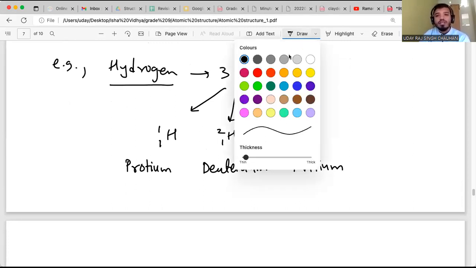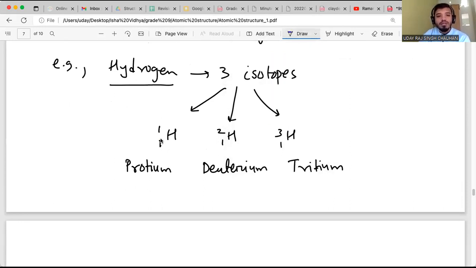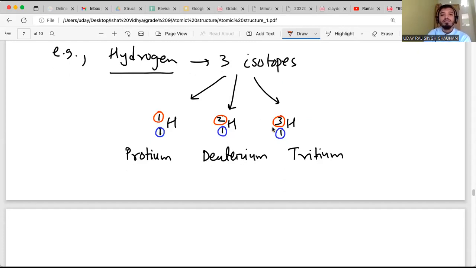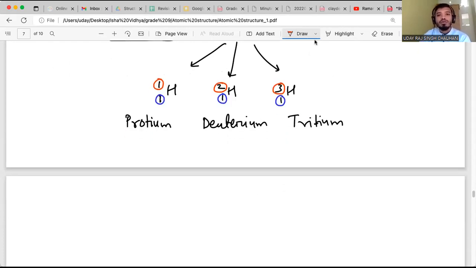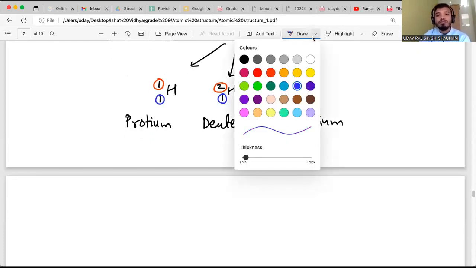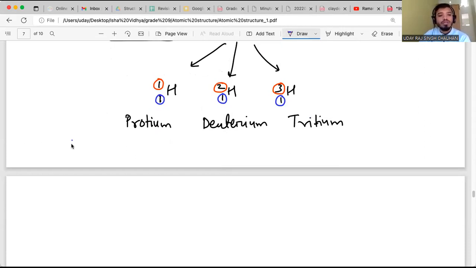So you can see they have the same atomic number. Atomic number is 1. Mass numbers are different. This is mass number of 1, this is mass number of 2, this is mass number of 3. So number of protons is 1, 1, 1.